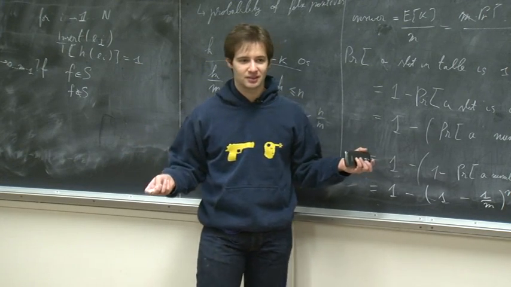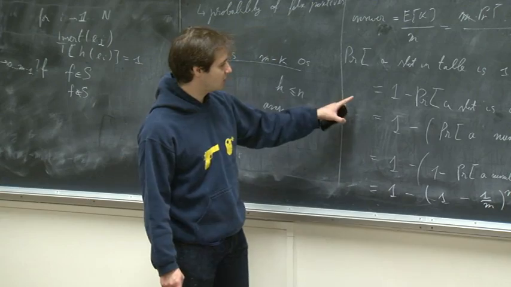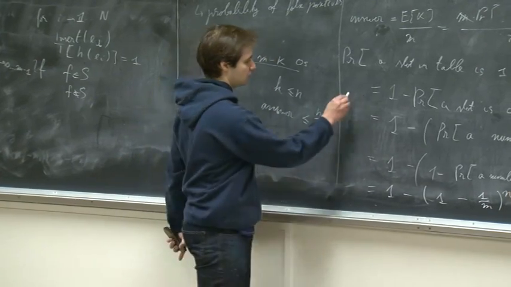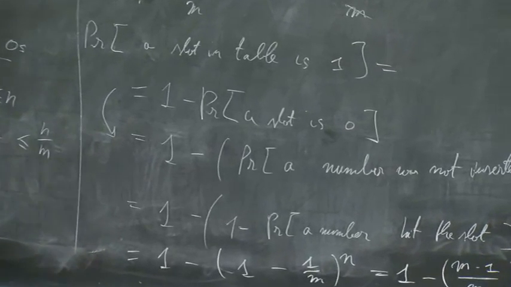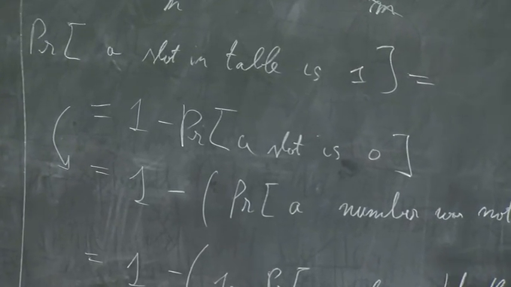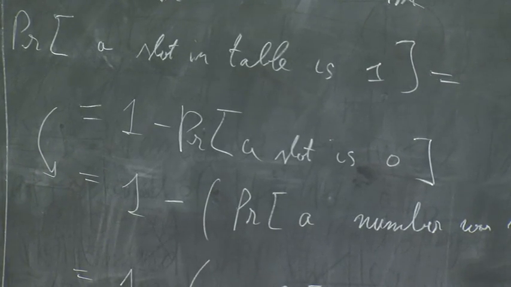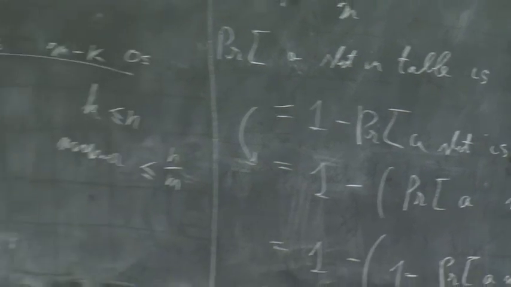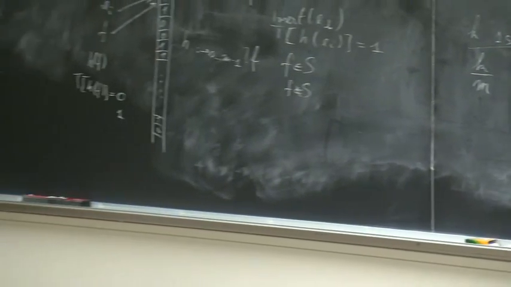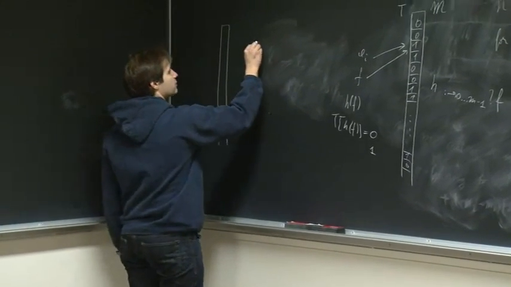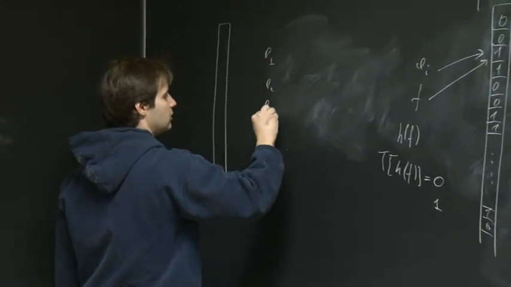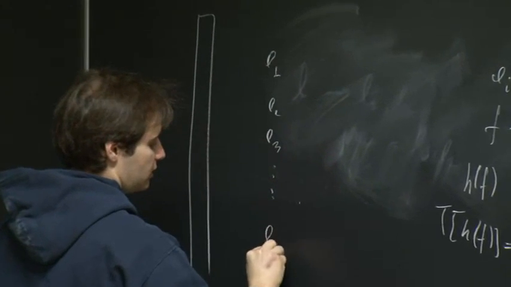Okay, so you said you're having trouble with this step? Okay. So let's see. Let's do this here. We have this table here, right? And we have n elements, E1, E2, E3, all the way through En.